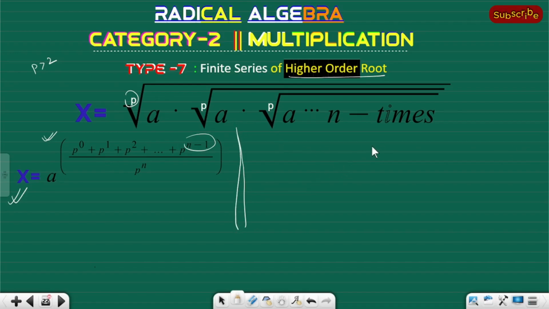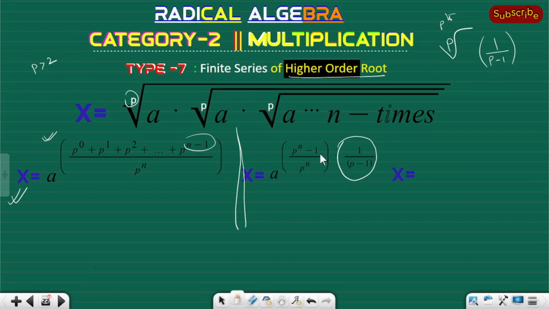The only difference is in the direct formula: p to the power n minus 1 by p to the power n, and this is extra. If the root is the pth root, then it will be multiplied by 1 by p minus 1. This is the extra term that will multiply here.